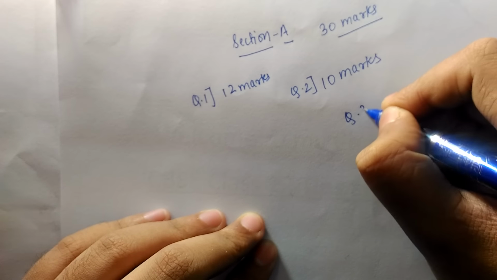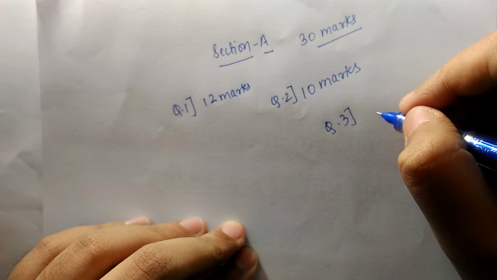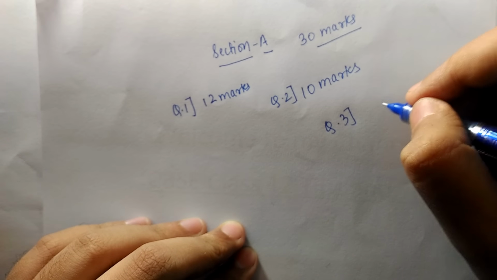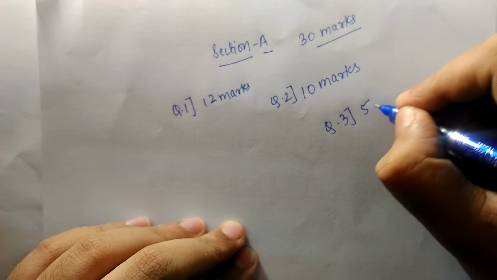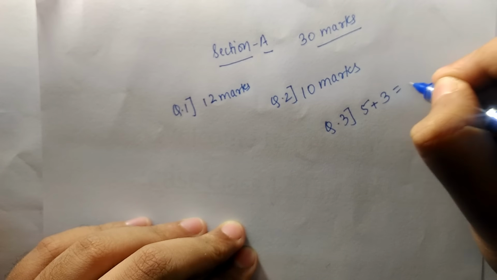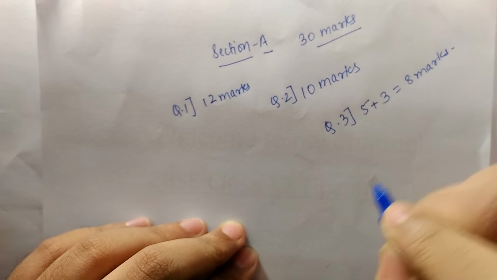And question number 3 is a passage for your note making and summary writing, which is 5 marks for note making plus 3 marks for summary writing, which adds up to 8 marks for question number 3.